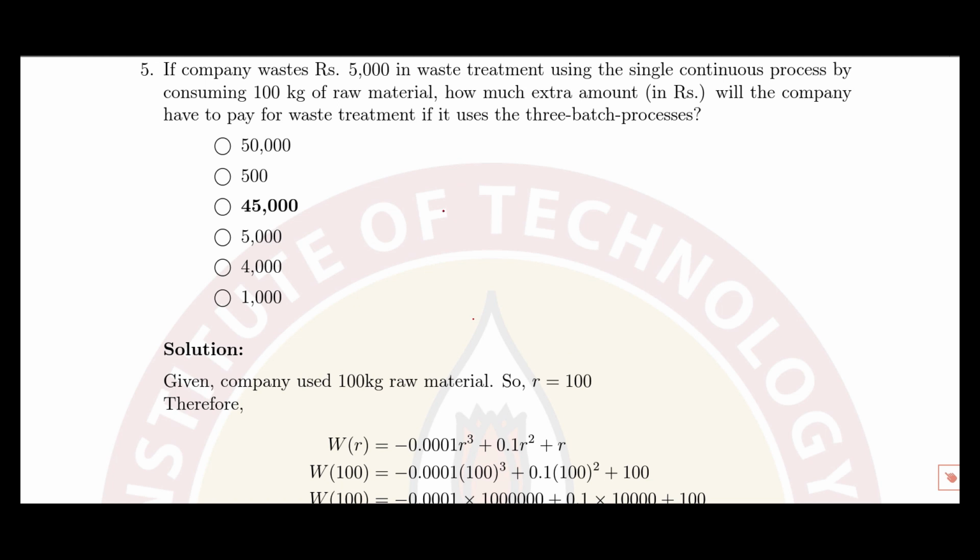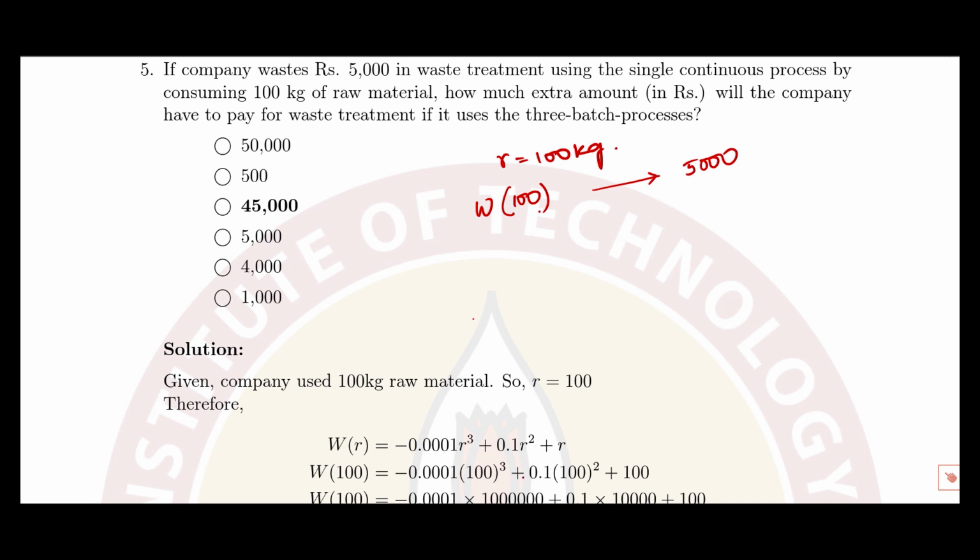Our next question is, if the company spends rupees 5,000 on waste treatment using the single continuous process by consuming 100 kg of raw material, how much extra amount in rupees will the company have to pay for waste treatment if it uses the 3 batch processes? We were given that R is equal to 100 kg, and there will be a waste of W of 100 in the single continuous process. For this waste W of 100, it costs 5,000 rupees.